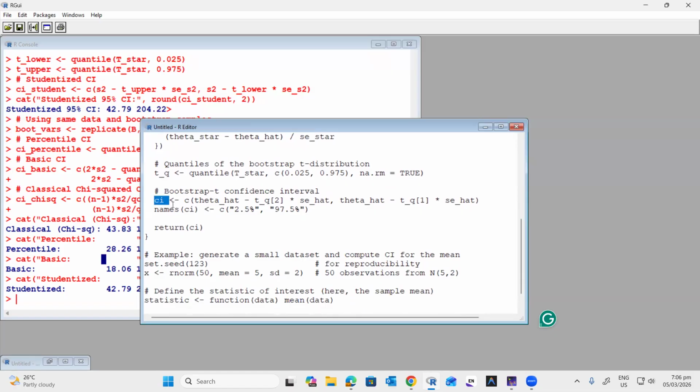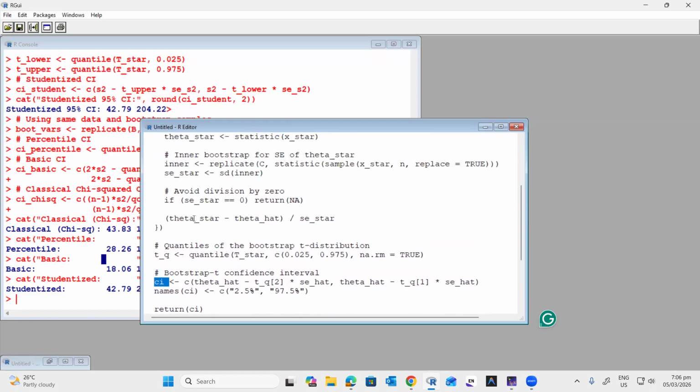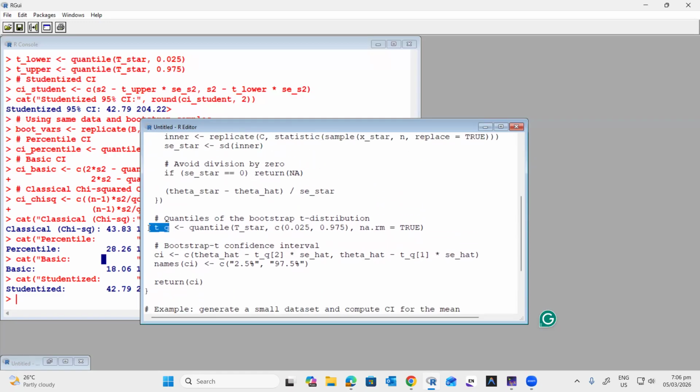Okay, we will construct the confidence interval, that will be theta hat minus t underscore q of the second value, because this t_q will generate two values, so we need the second value of that one for 0.975 into the estimated standard error.